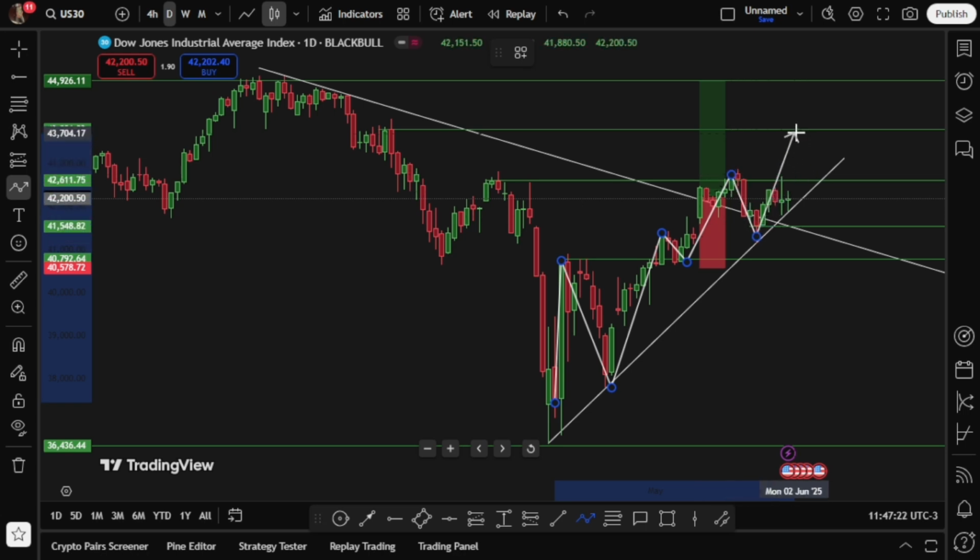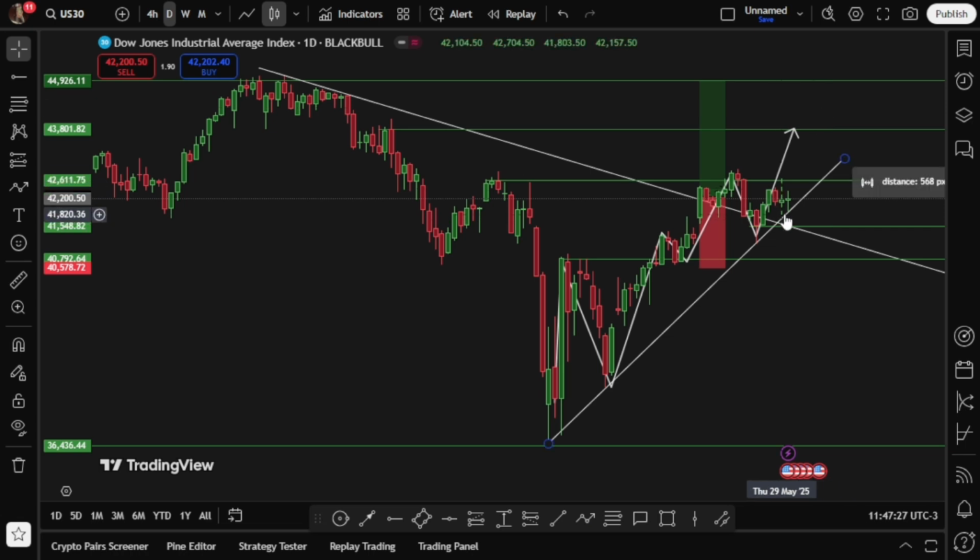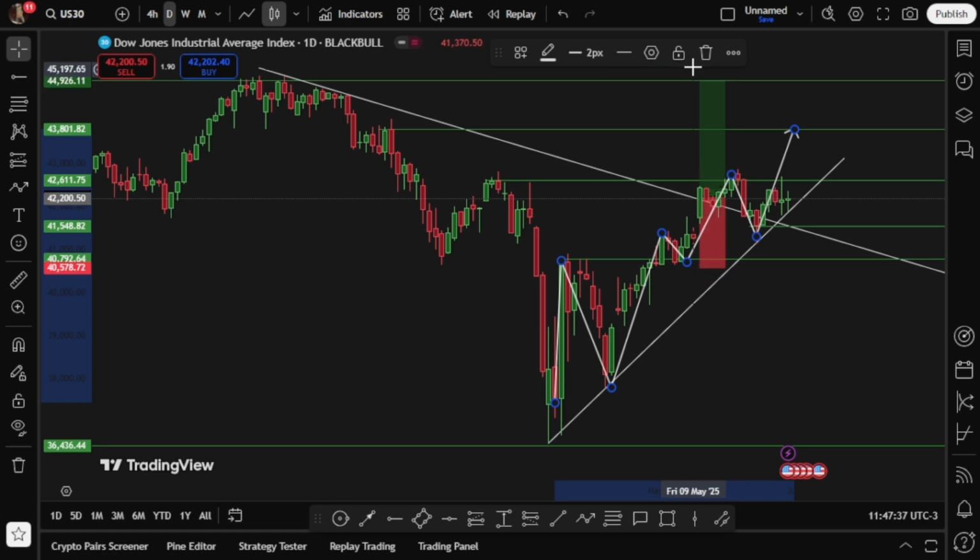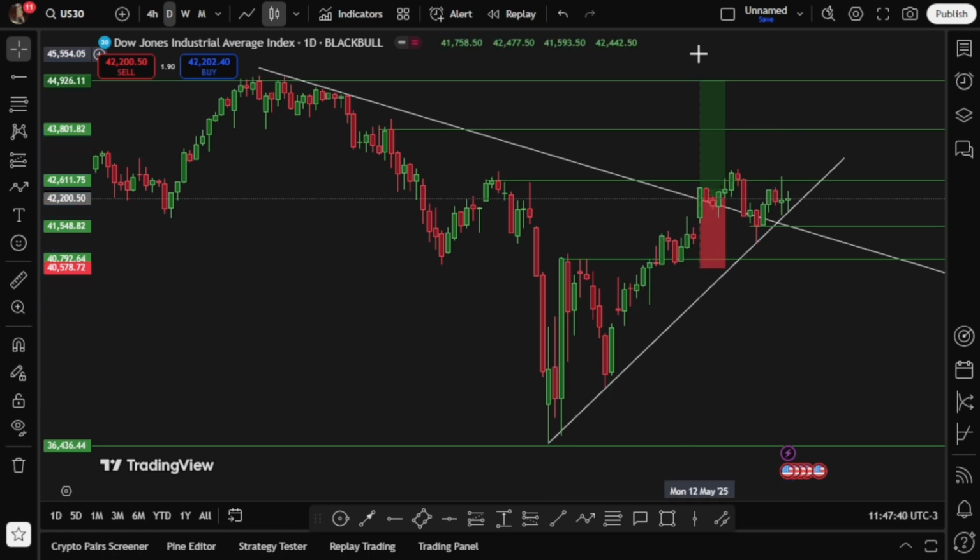Then price created a higher high to this level. So if price breaks this trend line and breaks this level, I am out of this trade. So that is it for US30.